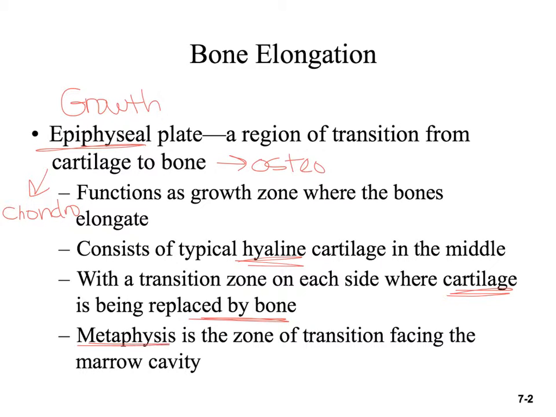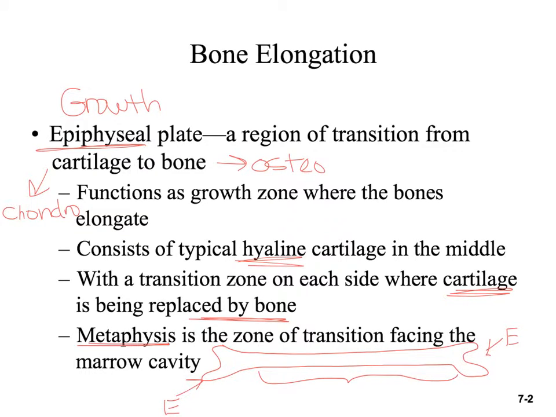A term we haven't talked about is called the metaphysis. Now the metaphysis, it says here, is the zone of transition facing the marrow cavity, and this has to do with the growth of the bone. If we remember, your epiphyses are the ends of the long bone, and the diaphysis is the center part or the long part of the bone.